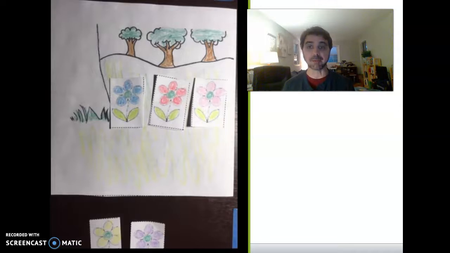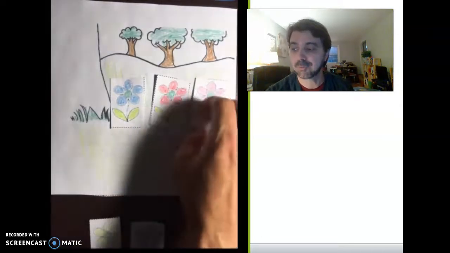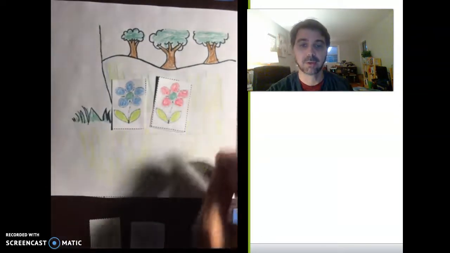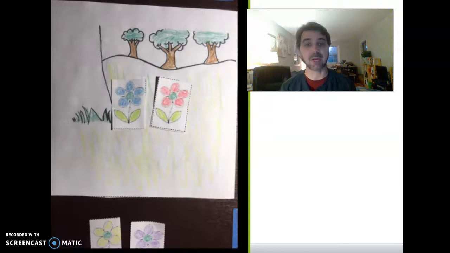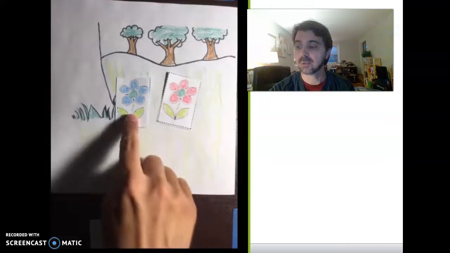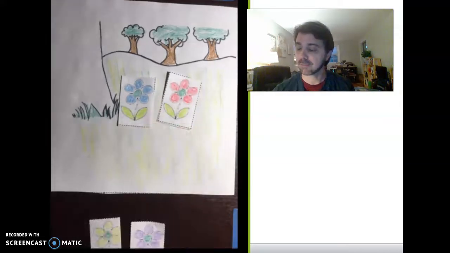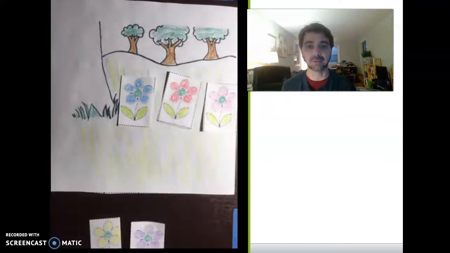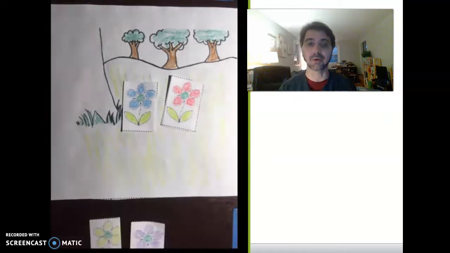And let's say a rabbit comes along and eats one. Nom, nom, nom. Eats the pink one. Oh no, it's gone. How many flowers do we have left? We have 2 flowers left. 1, 2. So 3 flowers, take away 1 flower, gives us 2 flowers.